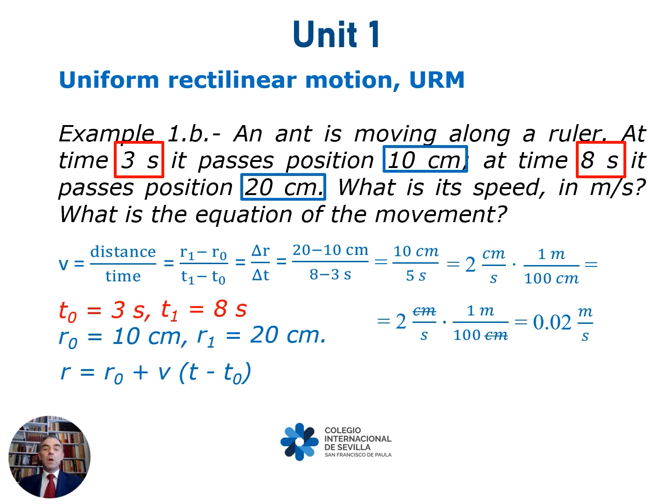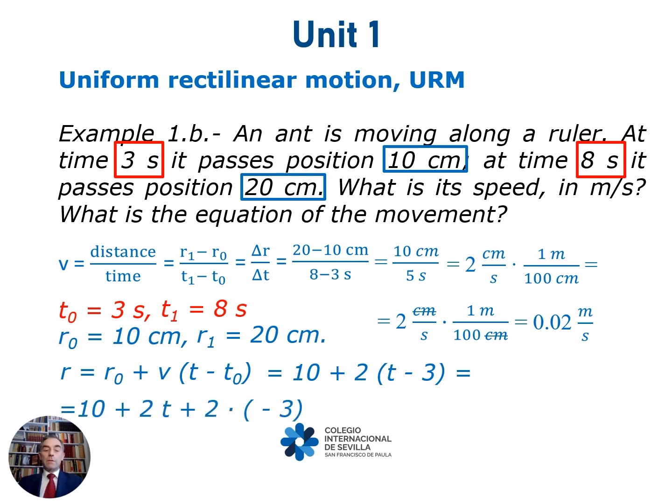But we know all that, so the position at any moment equals the initial position, which is 10, as we just saw, plus 2, which is the speed, times the time at any instant, minus 3, which is the initial value of time we were given.